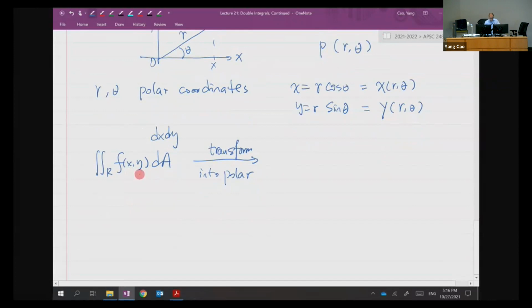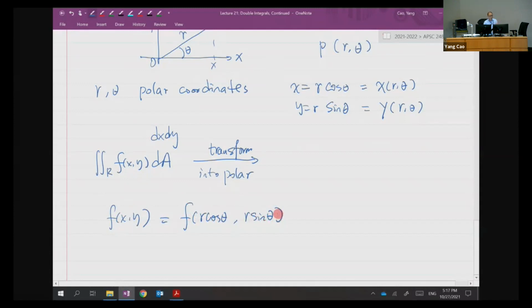So let's look at the easy one here. First, for this f of x, y, the function, I want to get rid of x, y, so that's easy. I can replace the x with r cosine theta, and replace the y with r sine theta.